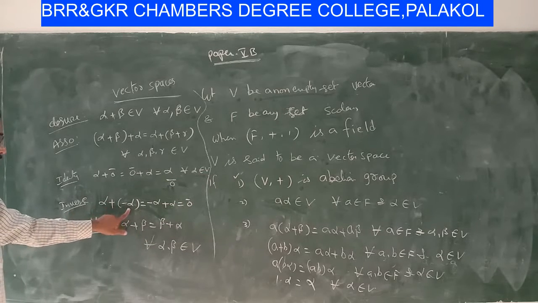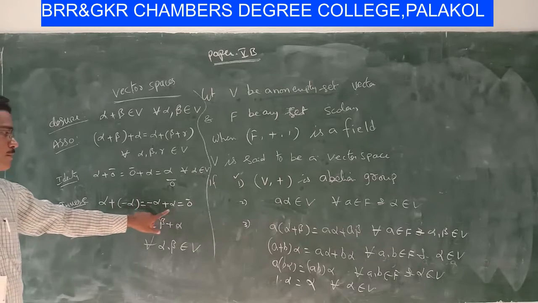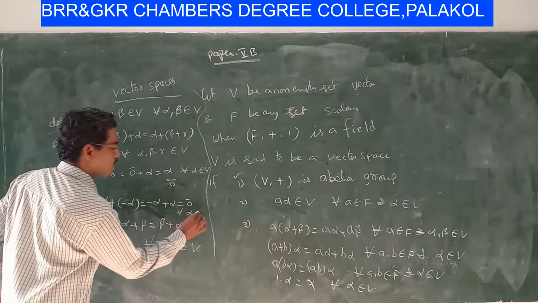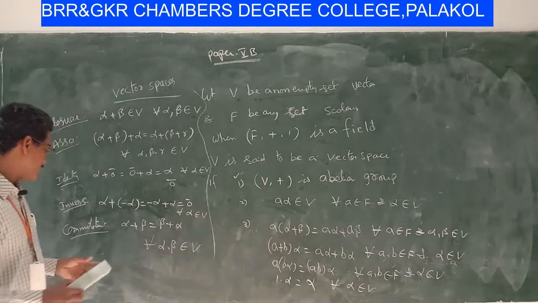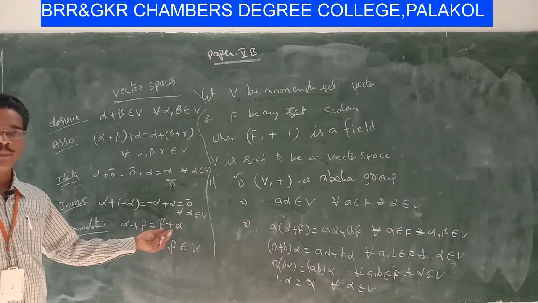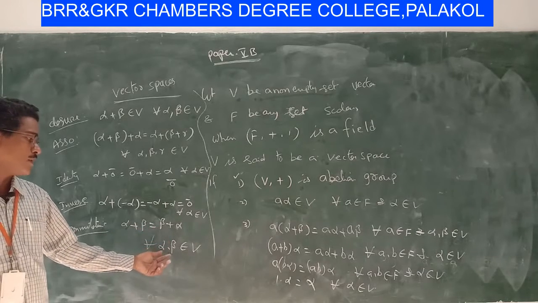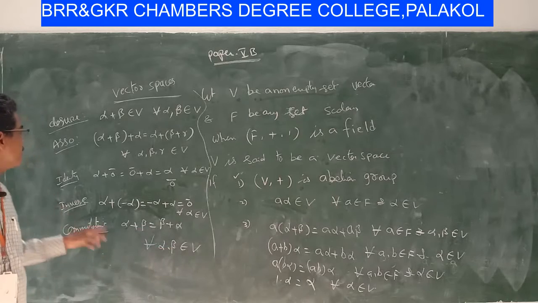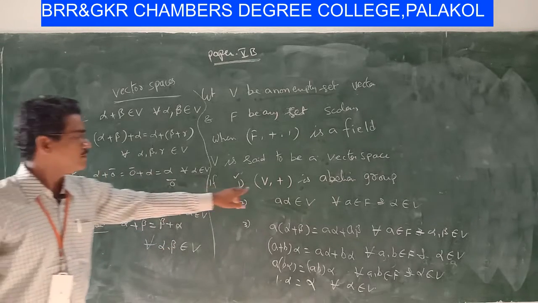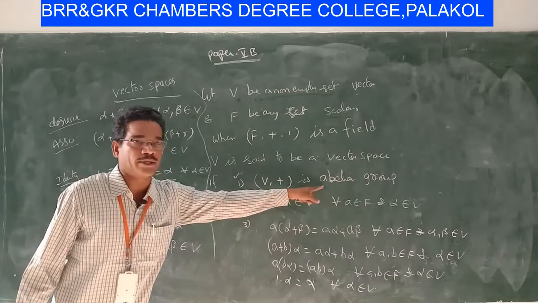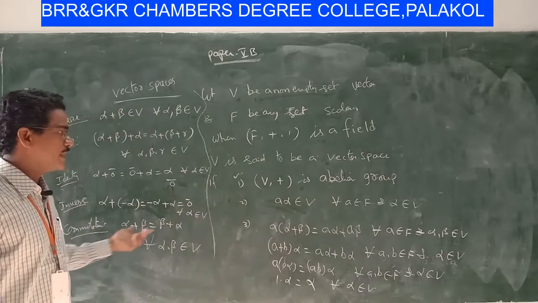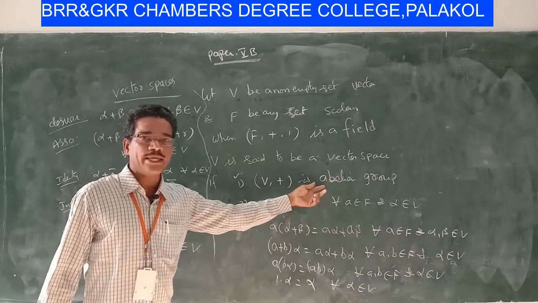Alpha plus of minus alpha equal to minus alpha plus alpha equal to 0 bar for all alpha belongs to V. And commutative, alpha plus beta equal to beta plus alpha for all alpha, beta belongs to V. If these 5 conditions are satisfied, then V, plus is an abelian group.